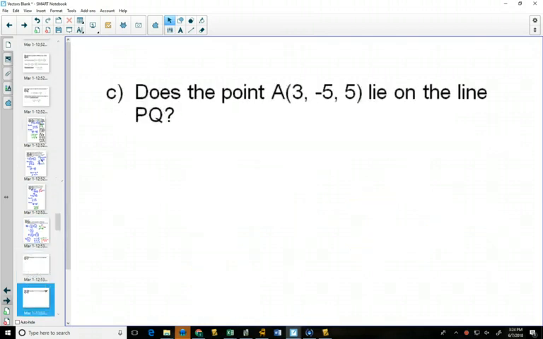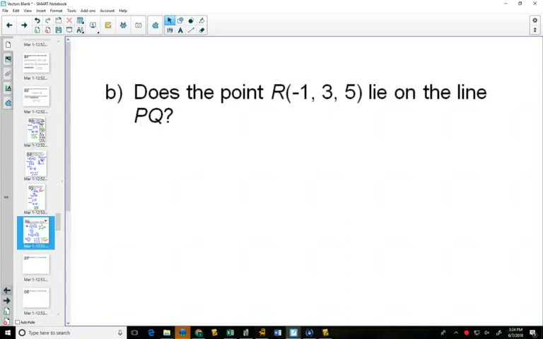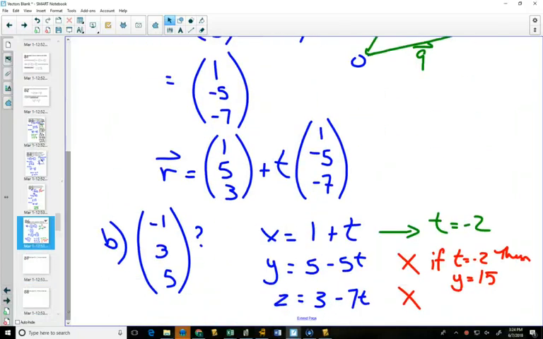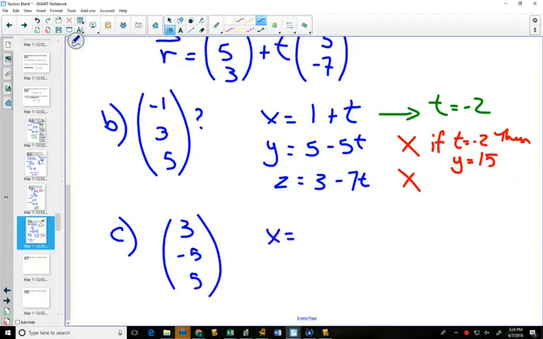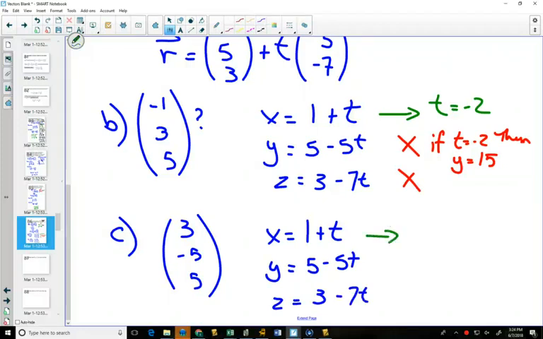Okay? 3, -5, 5. So I'll go back to here. This goes against all conventional teaching strategies. 3, -5, 5. So if we look at our parametric equations, where our x-coordinate's 1 plus t, our y-coordinate's 5 minus 5t, and our z-coordinate is 3 minus 7t, this implies that t would have to be 2.